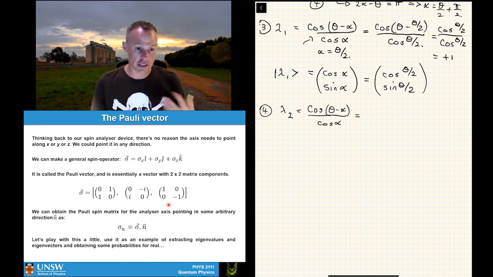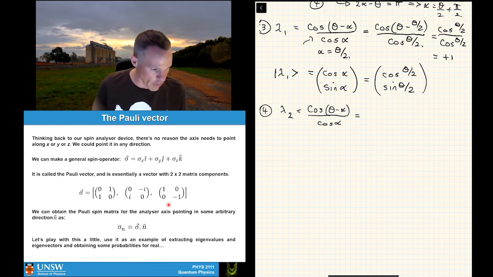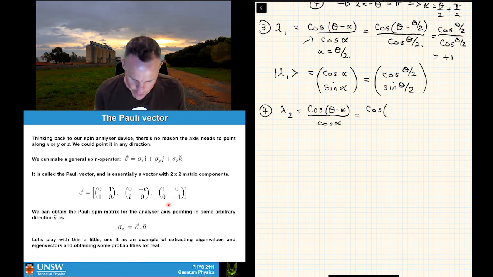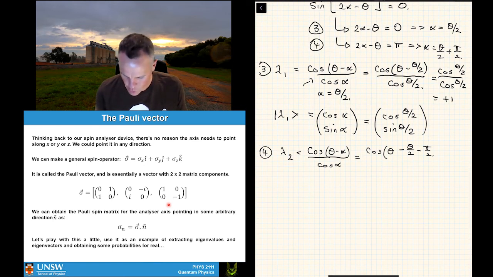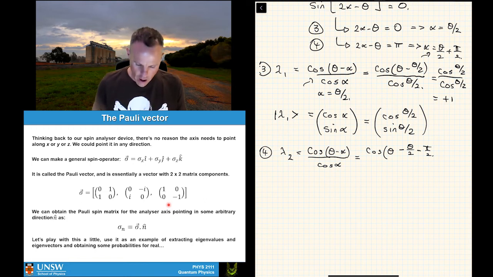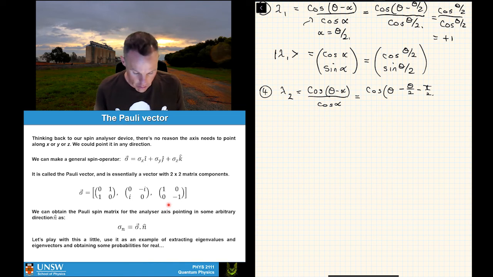And you could do it by the sine as well, just to prove to yourself that I'm not telling you a furphy here. It works either way. So this would now be cos theta minus theta on 2 minus pi on 2. Okay, because what we're using is this solution number 4 just here, where we have the plus, but we're subtracting the alpha in just here.